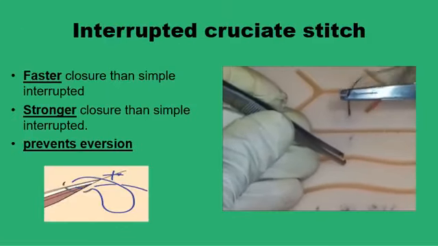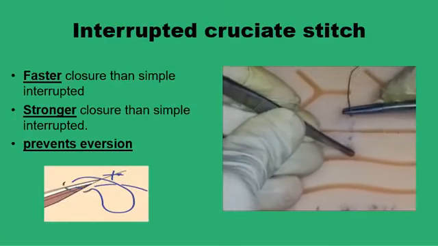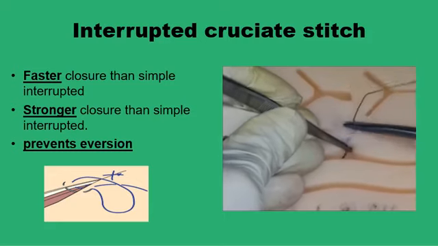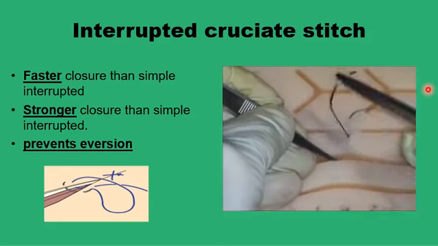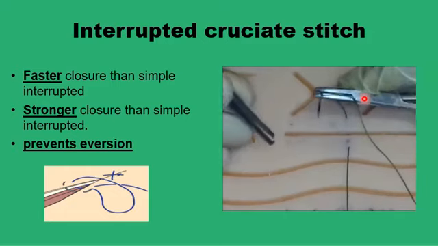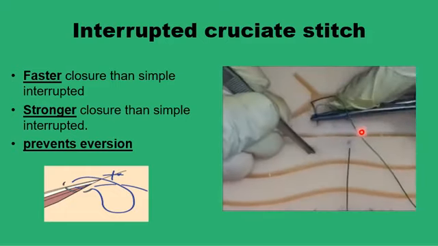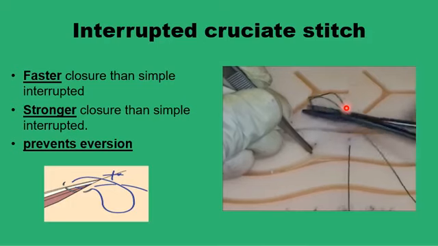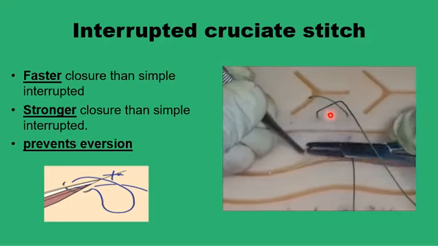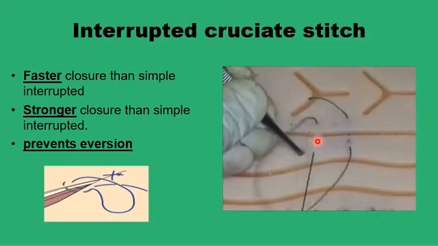And then the interrupted cruciate stitch, which has some resemblance to the horizontal mattress suture. We start 6 millimeters from the edge, cross to the other side, and now go back to the initial side again, 6 millimeters from the edges, and cross to the other side.